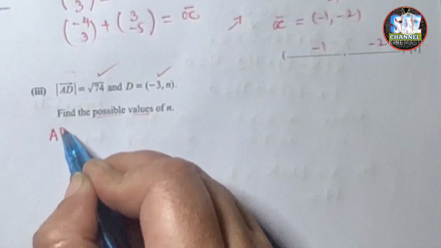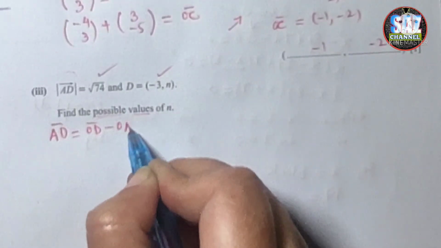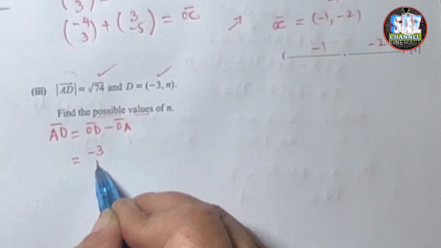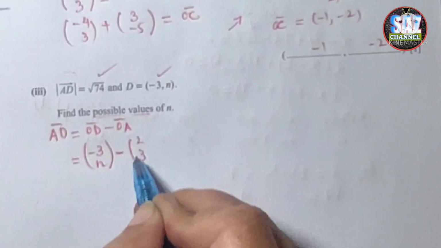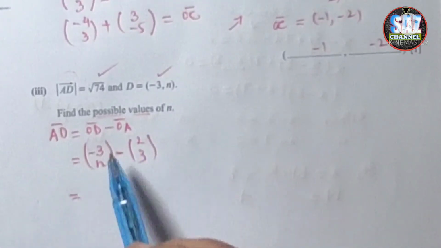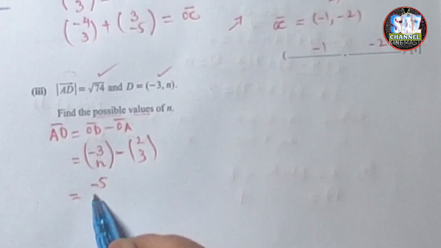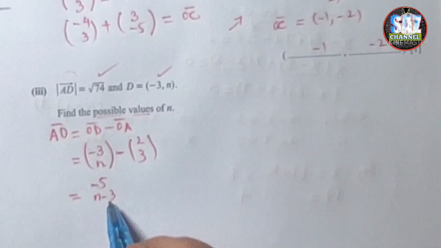AD will be equal to OD minus OA, and D has the coordinates -3 and n, and A has the coordinates 2 and 3. This will become -3 minus 2, which is -5, and n minus 3.